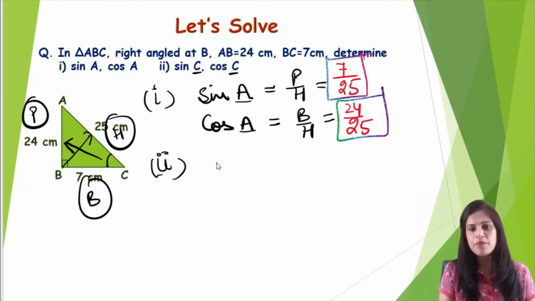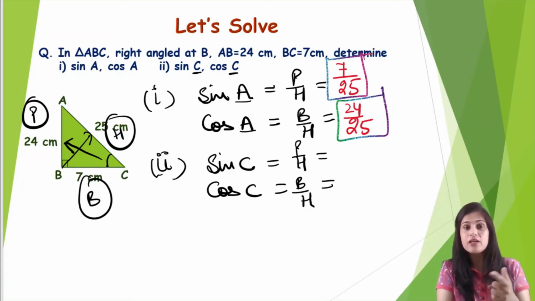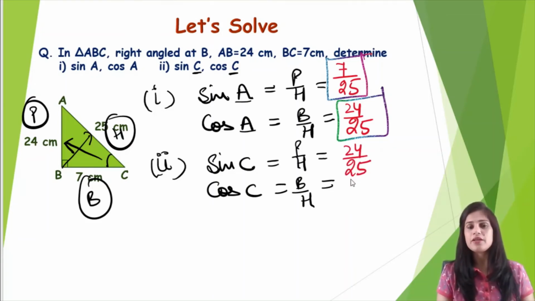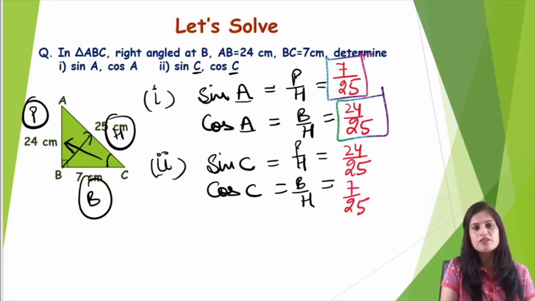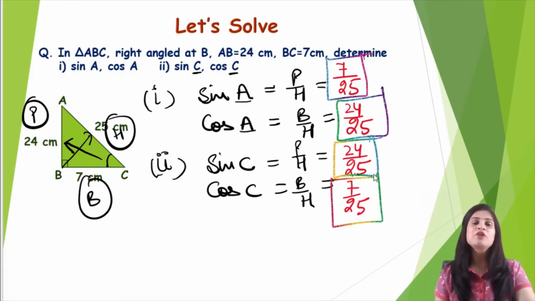So in the second part they are asking us to find sine C and cos C. Ratios are the same. Some people have curly brown hair. So let us find the values now when the angle is taken as C. Perpendicular is this time 24, hypotenuse is the same always, 25, and base is 7. So the final answer for part B is 24 by 25 and 7 by 25.